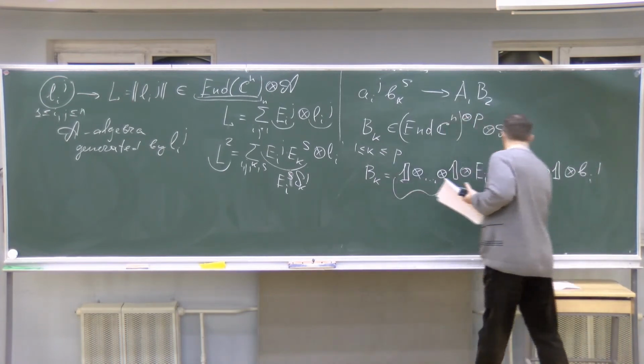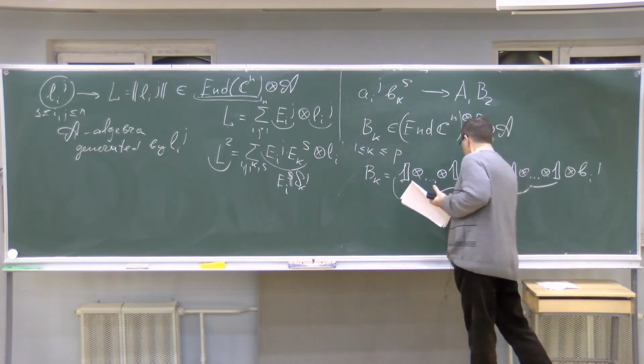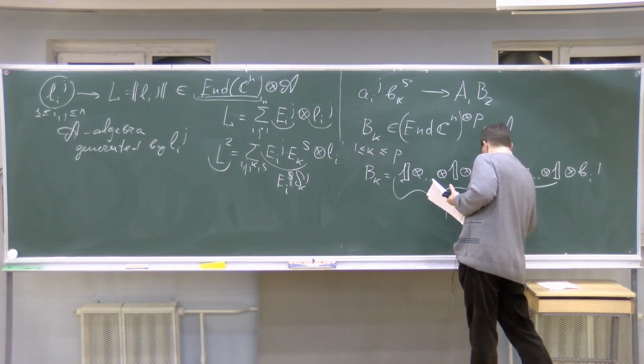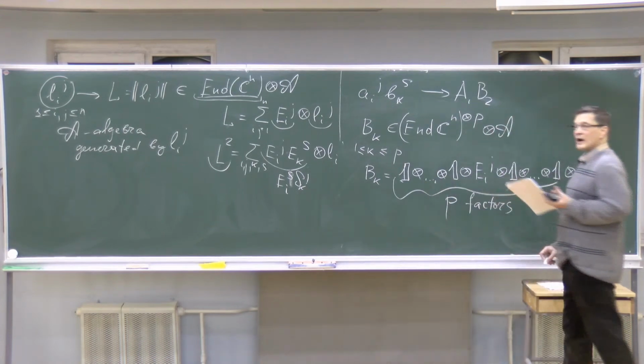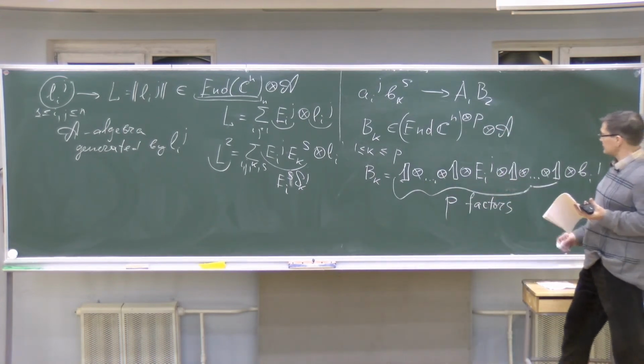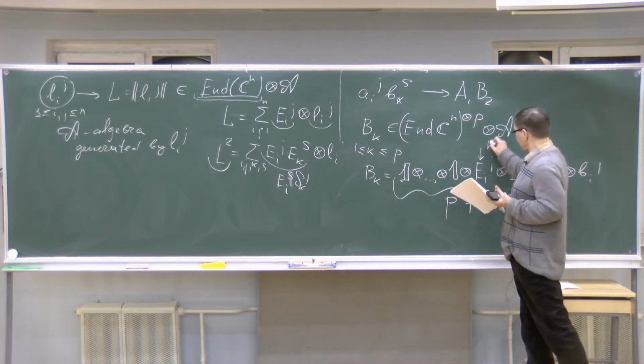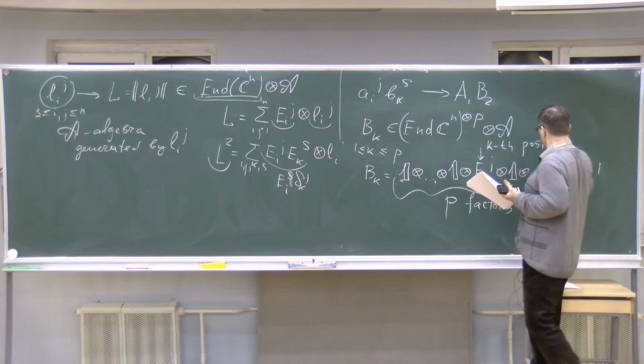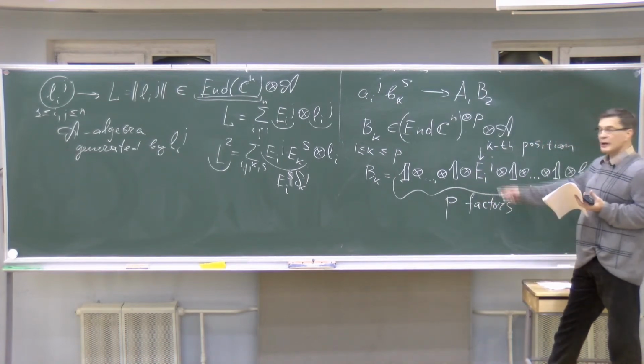Here we have P factors, and only one of them is not unity, but at the k-th position we have a matrix unit.